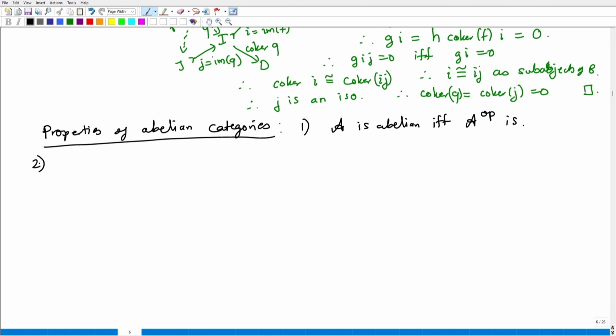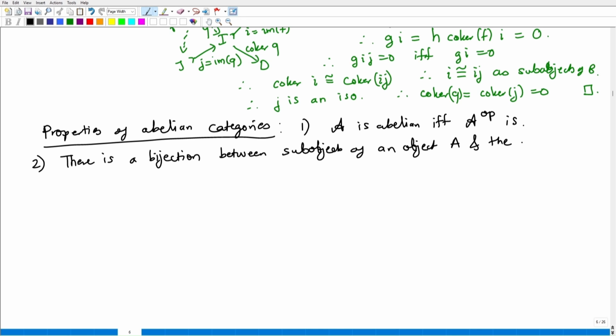Okay, from the result that we just proved, there is a bijection between subobjects of an object A and the quotient objects of A. Subobjects are isomorphism classes of monomorphisms.